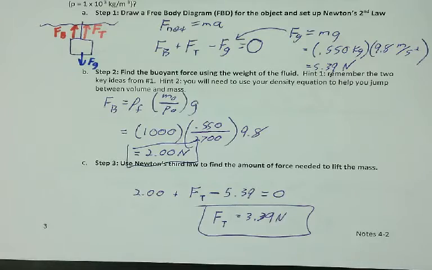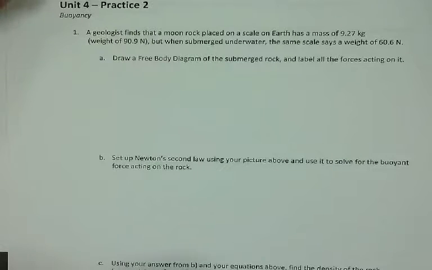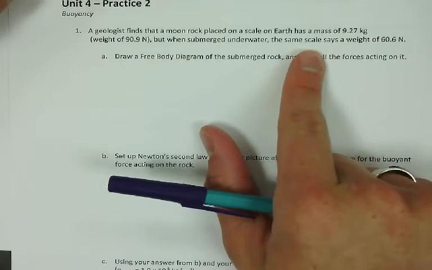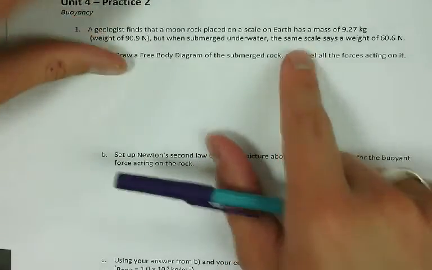Go ahead and work on practice 2. So number 1 is very similar. You have a rock that's placed on a scale. So instead of there being a tension force, there's a normal force from the scale pushing up, plus a buoyant force, plus gravity. Okay?